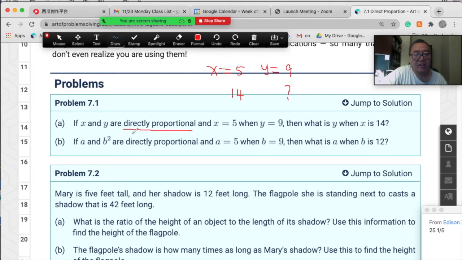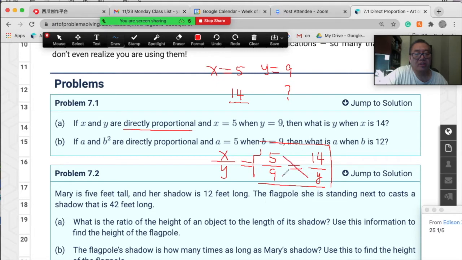In a direct proportion, the ratio of these two variables is constant. So that means x over y always equals 5 over 9. If x now equals 14, what is y? Then you get the equation: 5 over 9 equals 14 over y. Then you need to solve for y.